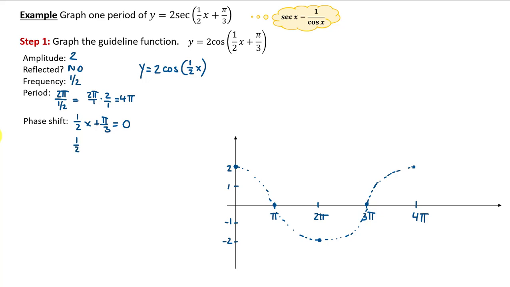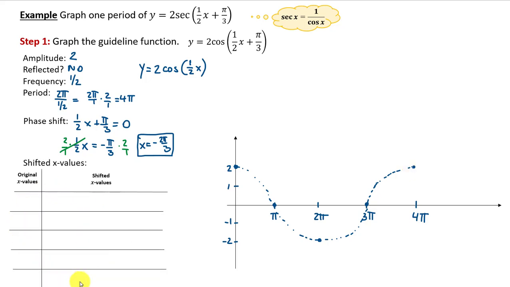So 1/2 x equals negative pi over 3, if I subtract pi over 3 from both sides. And now I have to multiply by 2 over 1 on each side to get x by itself. So x equals negative 2 pi over 3. That will be the phase shift. That means that each of those key points I have to move 2 pi over 3 units to the left.